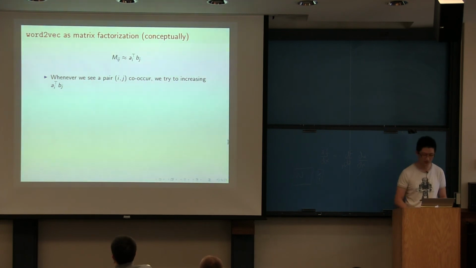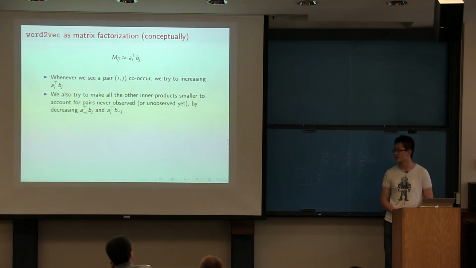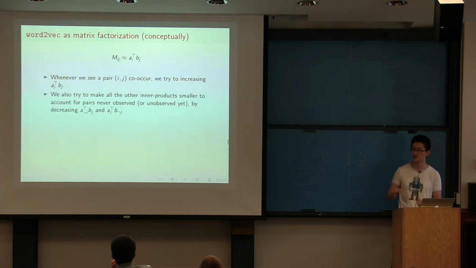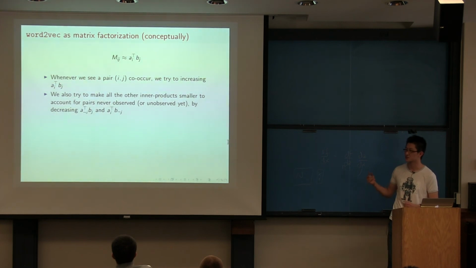It turns out no, because there are a lot of pairs that we won't ever observe. So while we're doing this, we might also want to minimize the inner product between these vectors and all the other unrelated vectors. In a similar sense, we're trying to pull these two together while pushing away all the other vectors.